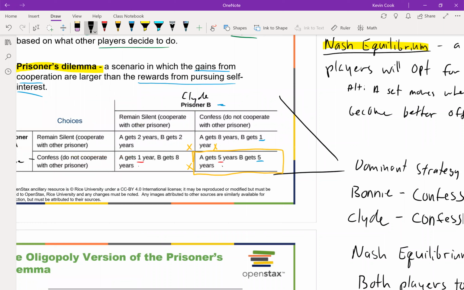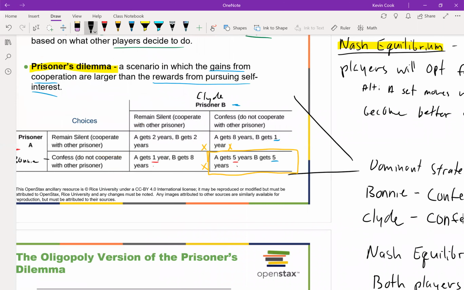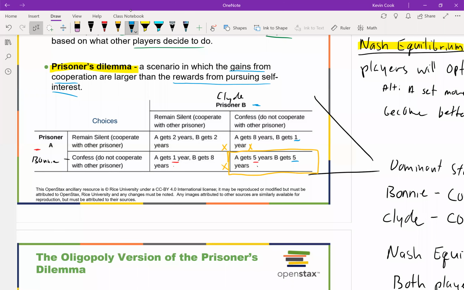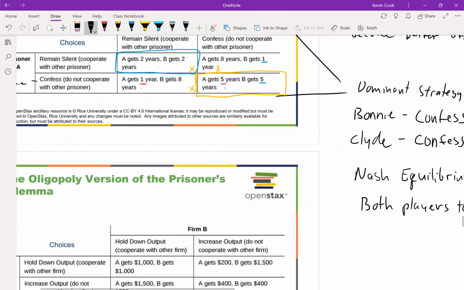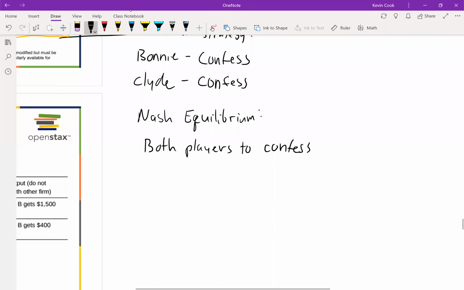And this is unfortunate because ideally we could be up here where we both remain silent. So we have our Nash equilibrium down here, but if we think about our socially optimal outcome, in this case, socially optimal is what's best for our two players, not necessarily society.